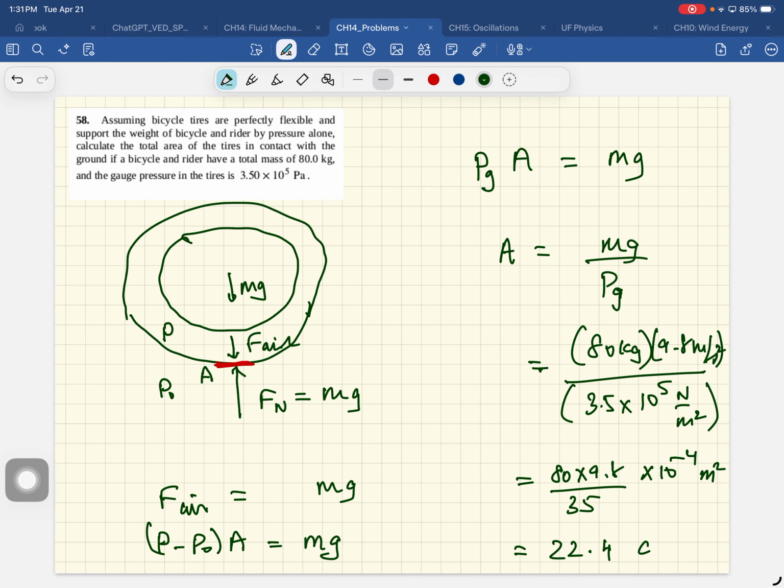So what you want is F out times area out, the area of the cylinder.